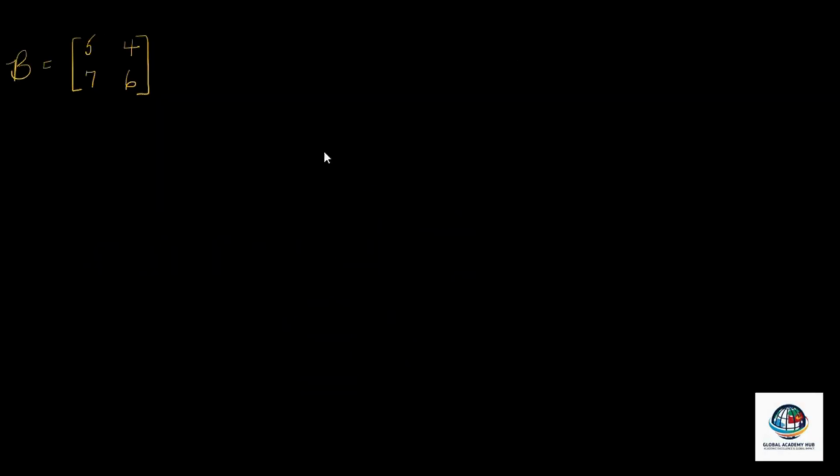Okay? Let's try another one. So here's what I know now. I know that if this exists, and I'll determine it shortly, it's going to be 1 over the determinant of B, and you can pause the video and give this a try, multiplied by the adjoint of B. So let's go ahead and find the determinant of B to see if we even have an inverse.